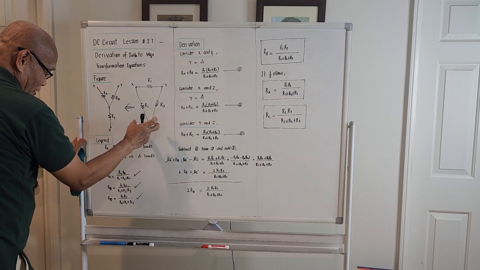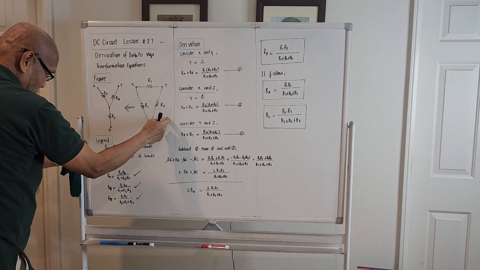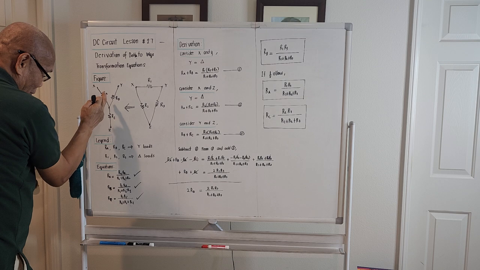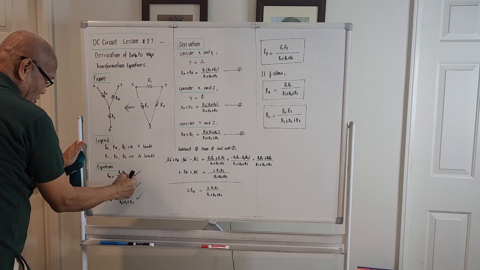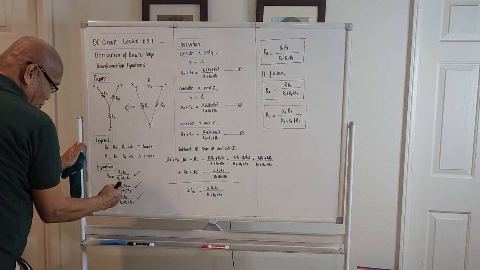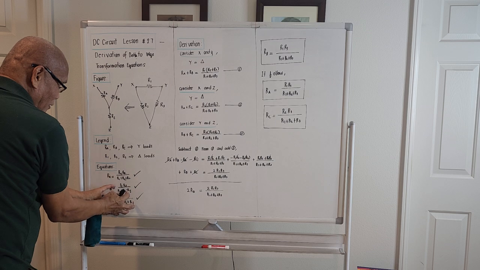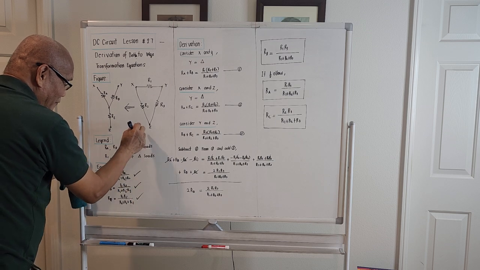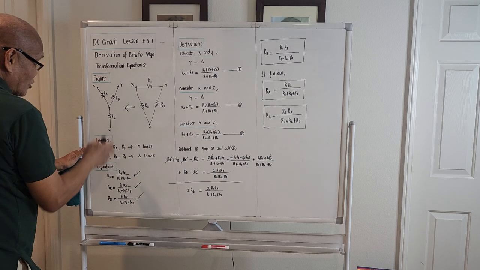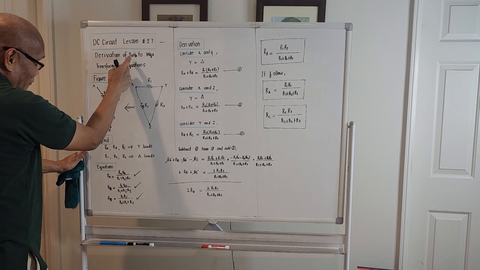The given loads are actually R1, R2, and R3. So we will be computing for RA, RB, and RC, and these are the formulas. The right-hand side has all the values of the given delta load. That's why the title of the topic is from delta to y.